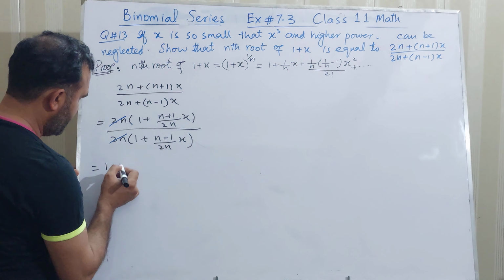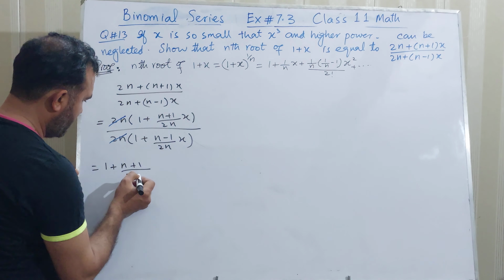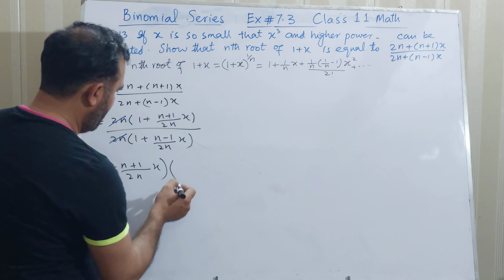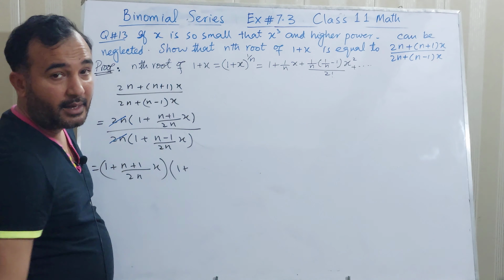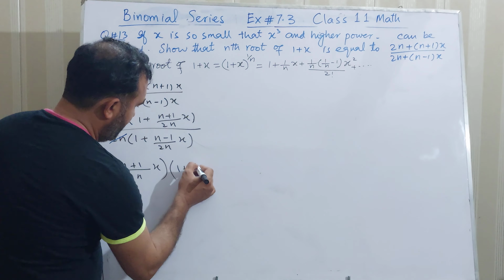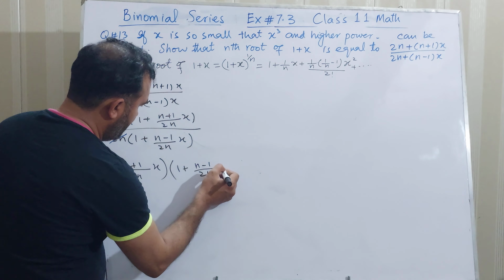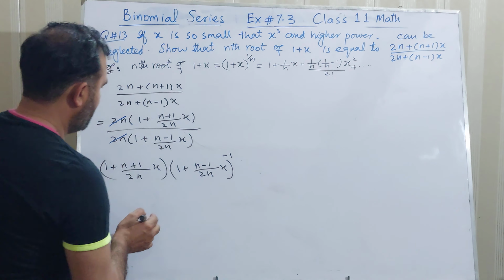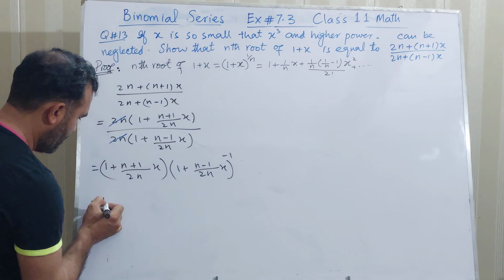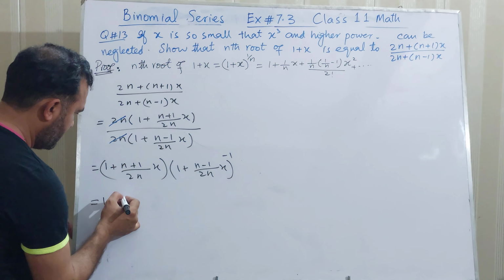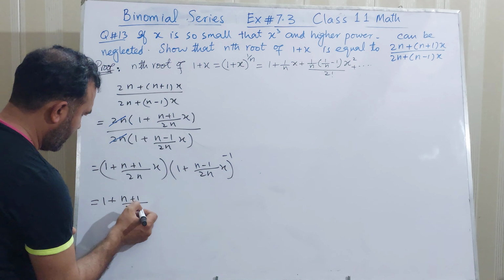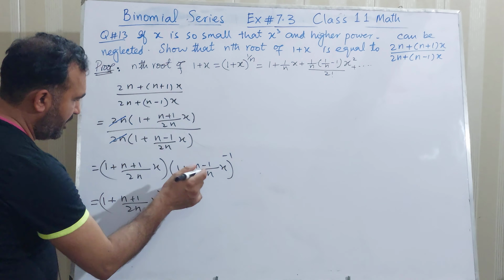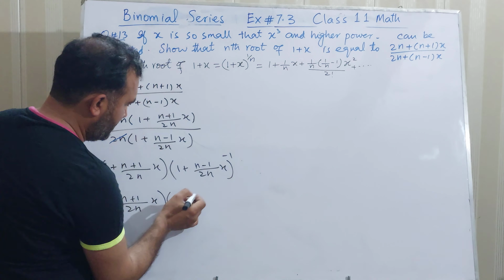So 1 plus (n plus 1) divided by 2n x, and if we take this to the numerator, it will be 1 plus (n minus 1) divided by 2n x, and whole power minus 1. And now we are going to expand this one, right? So it will be 1 plus (n plus 1) divided by 2n x and 1 plus nx, so n is this one, minus 1, right?